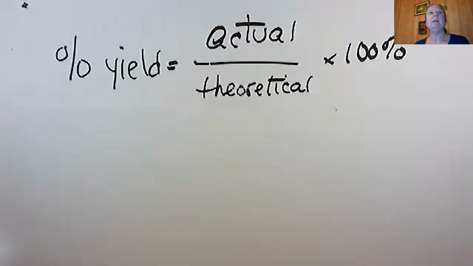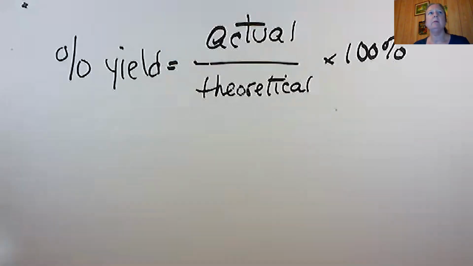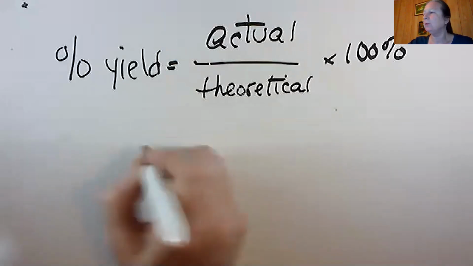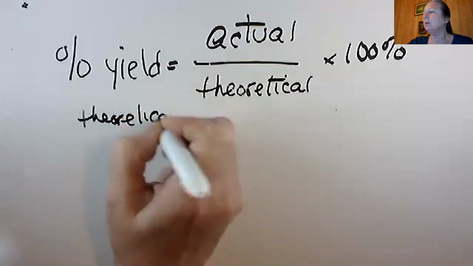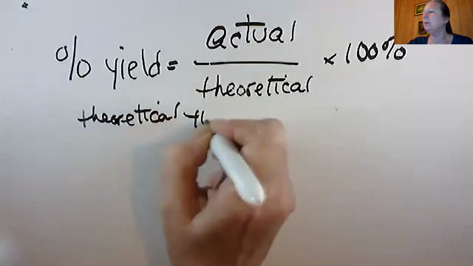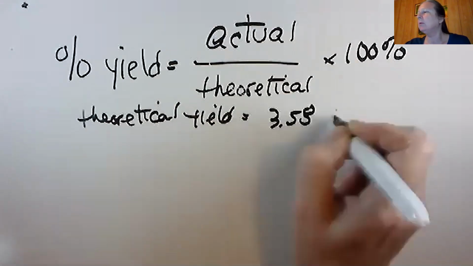In this propane example, the theoretical yield with water was 3.58 grams of water.